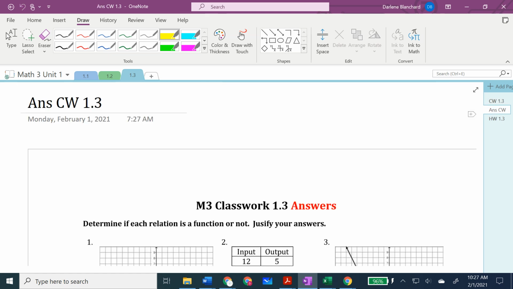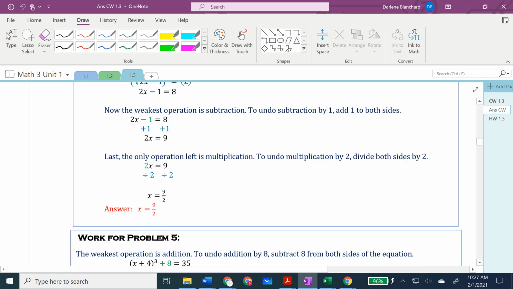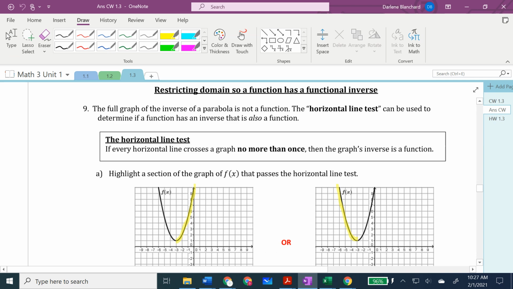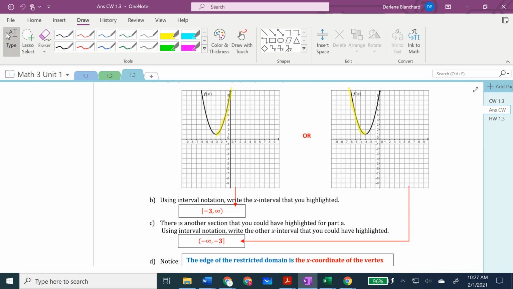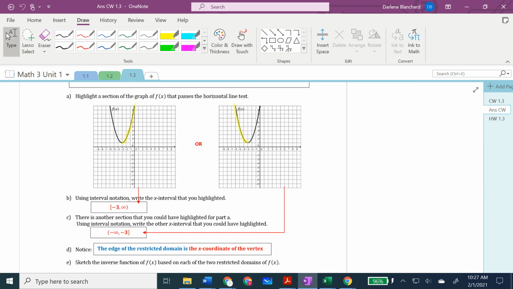Now I'm going to go over to where I have the answers. And I just want to point out that I wrote the two ways that the answer could have been highlighted at the beginning. If you chose this one, you would have this interval in that position and -infinity to -3 in the next one.